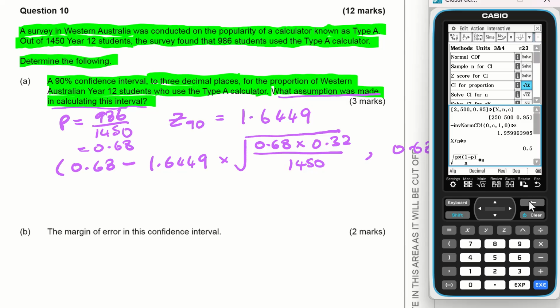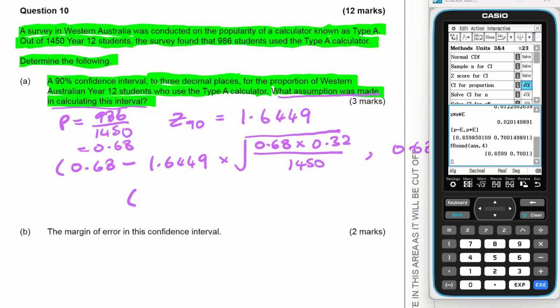We had 986 out of 1450, and we wanted 0.9, and that will give us this: 0.6598 or 99 and 0.7001.